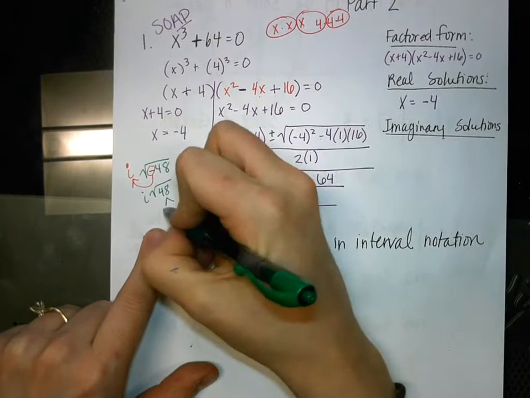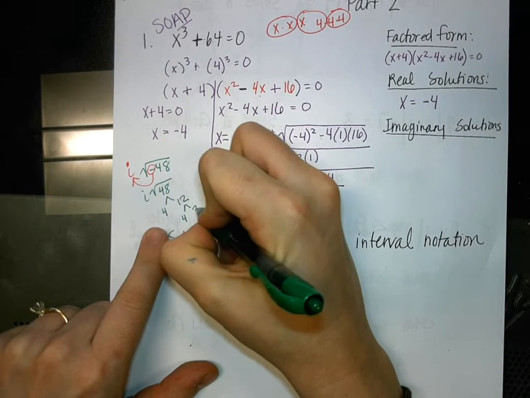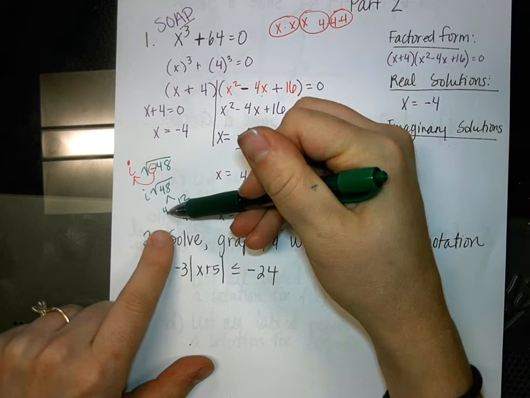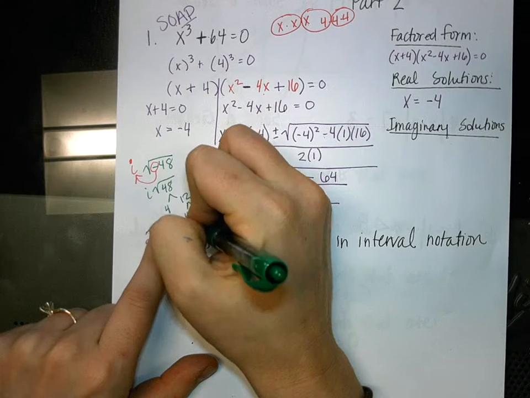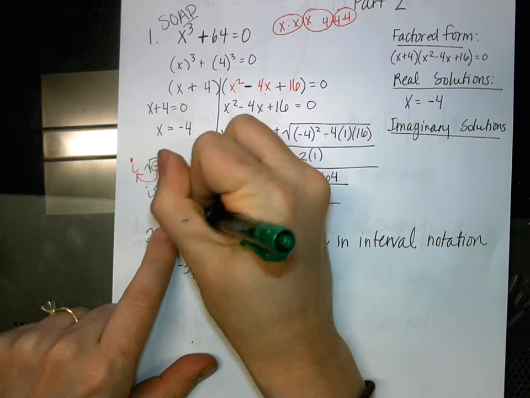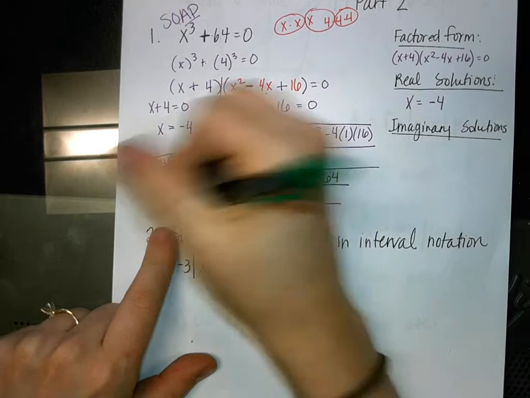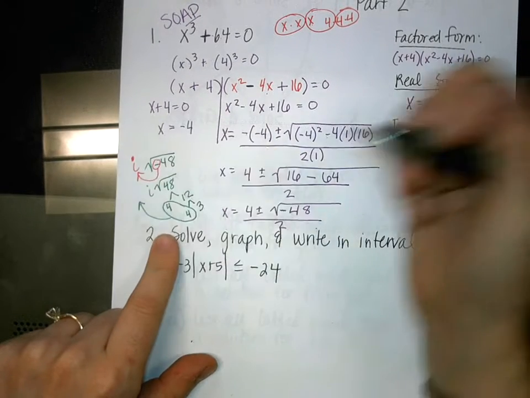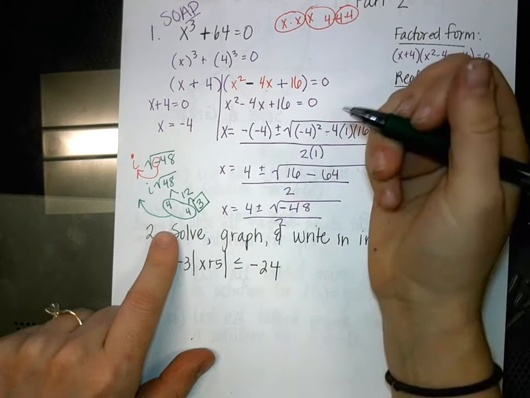And then I can factor the 48 to 4 times 12. And then 4 times 3. I could continue to factor this 4 to 2 times 2, and this 4 to 2 times 2, and circle 2 groups of 2, but since I already have a pair here, I'm going to bring this out as a 4. So the 4 is going to come to the outside, which means the 3 stays on the inside.